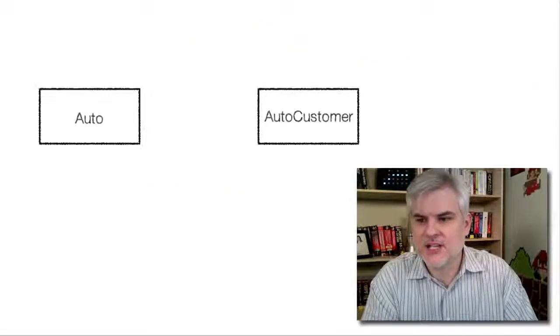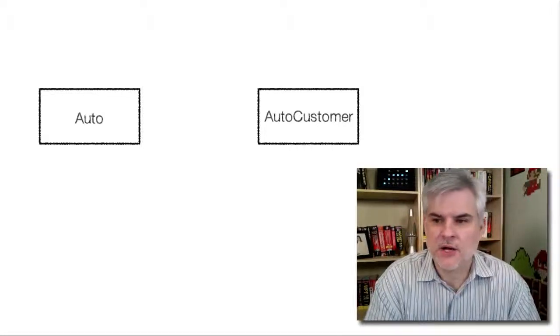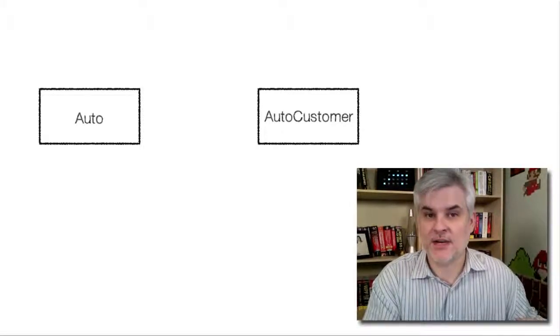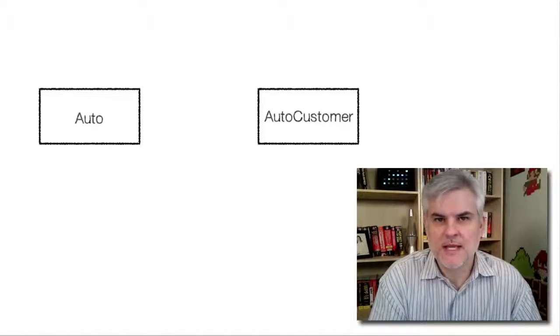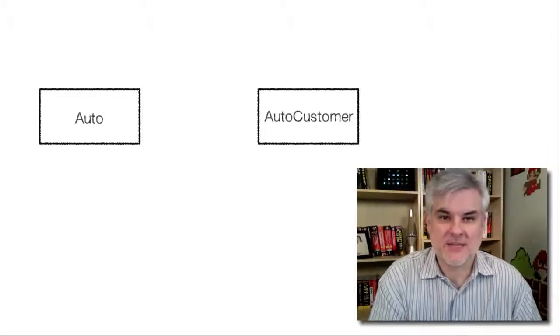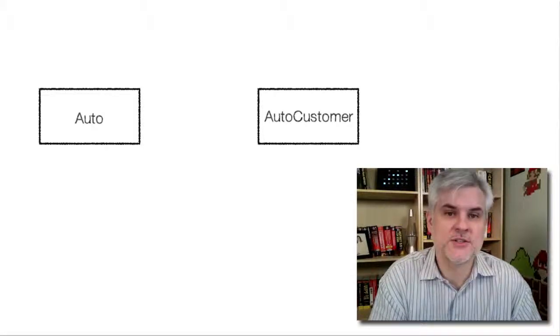Let's take another set of classes here. Remember the relationship between auto and auto customer. We said that that was a composite relationship, whereas before, in the previous example, we had an aggregated relationship. In C#, it has a little bit more meaning than in UML. Some will suggest that you don't even need to differentiate between aggregation and composition as far as UML is concerned.